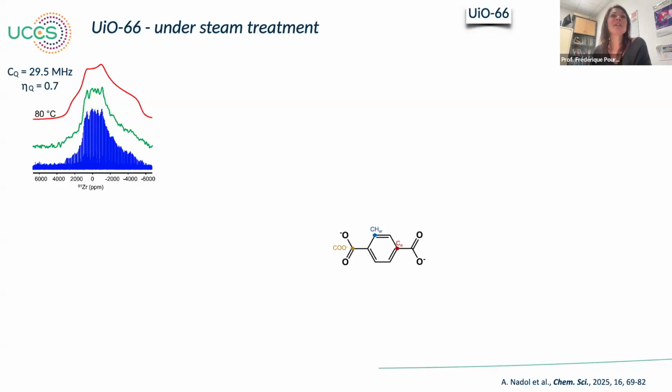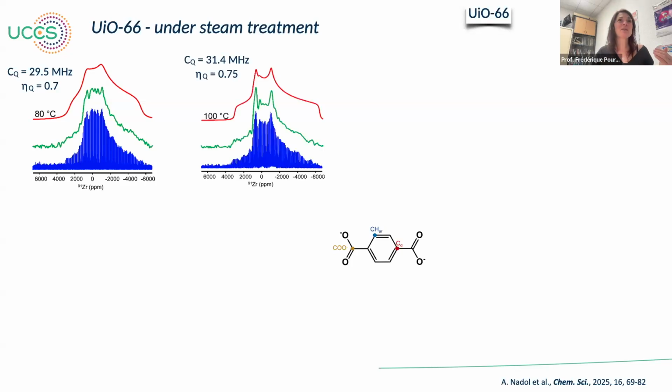You can observe that the line shape started to appear, but it's most probably a mix between a Czjzek model and quadrupolar behavior. But at 100 degrees C, after 1 week, the signal has a nice quadrupolar line shape, and we can simulate it with a CQ of about 31 megahertz.